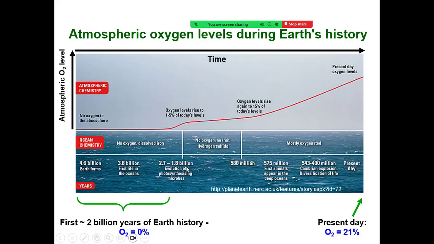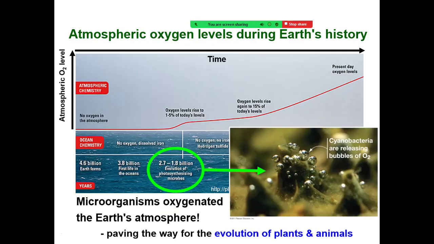What happened right here to change the oxygen level between 0% and up to 5%? What happened was microorganisms began photosynthesizing, putting out oxygen as a waste product, and that oxygen went into the air, building up the Earth's oxygen level.